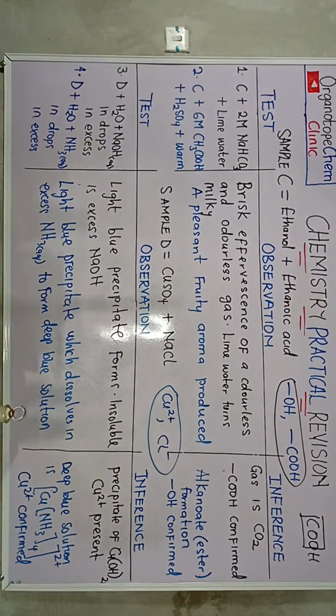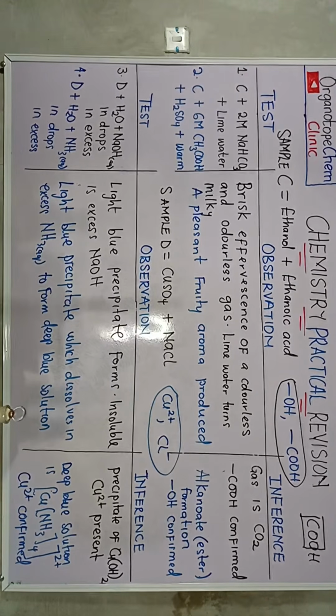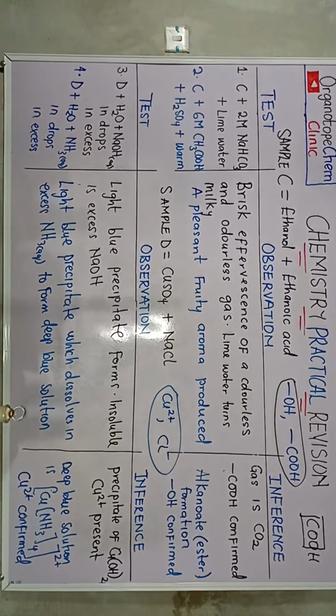We are still going to write the chemical equation because in your exam, the question will always end with write chemical equation for the test. Okay, we are still going to consider the chemical equation for some of the tests that we have there. So for the first one, with sodium hydroxide, the precipitate is copper 2 hydroxide.